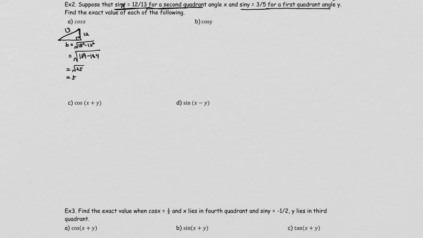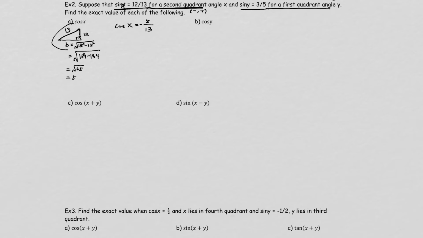And because it's second quadrant, your cosine is going to be negative. So second quadrant, you have negative and positive, right? So your cosine is going to be negative. So cosine x should be negative 5 over 13.